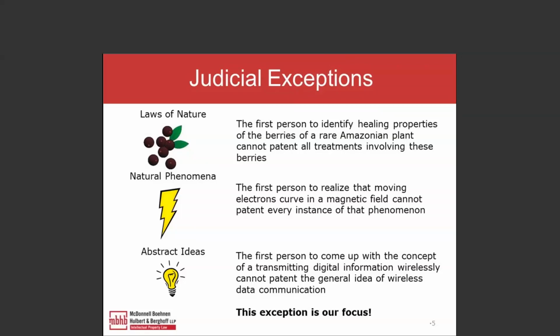So if I can use that plant to cure a particular disease, if I can curve those electrons to build some sort of power generation system, if I can digitally transmit wireless information to enable cell phone service, those ideas might be patentable, whereas the core exceptions are not.